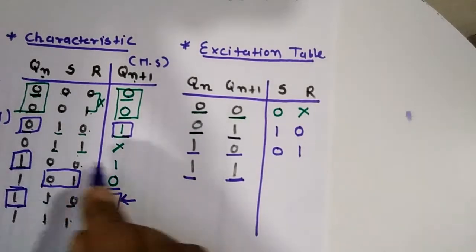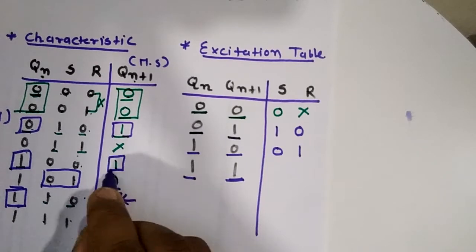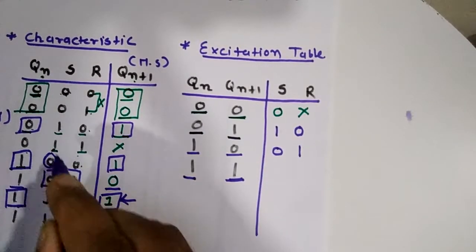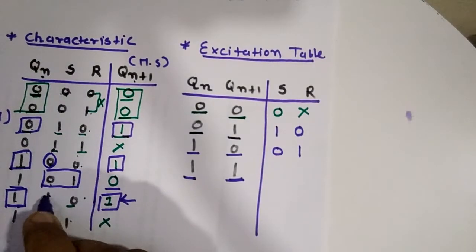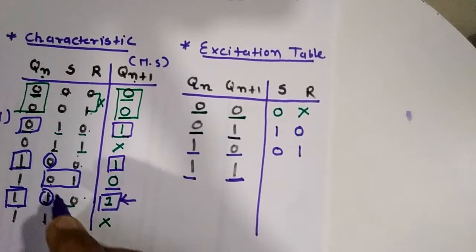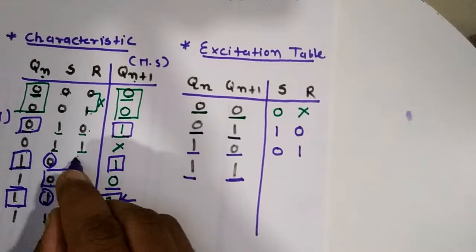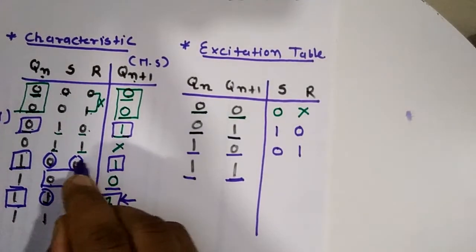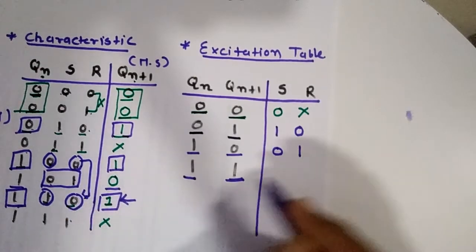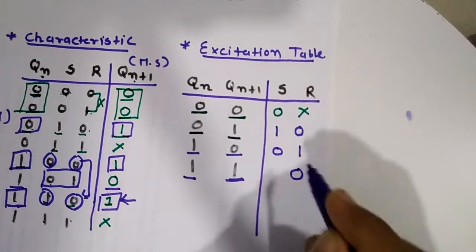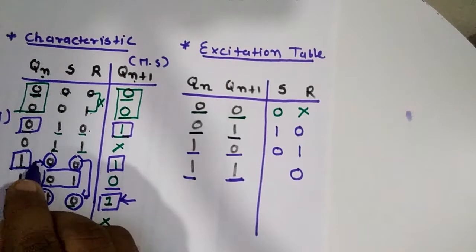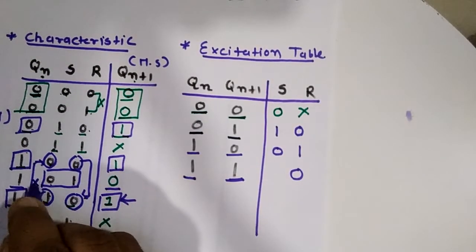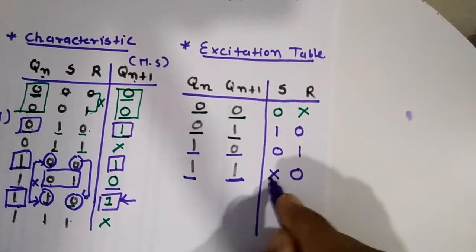If Q of N is equal to 1 and Q of N plus 1 is equal to 1, here S is equal to 0 and in the other condition S is equal to 1. But R is equal to 0 and in the other condition R is also 0. So in both cases R is equal to 0. But in this condition S is equal to 0 and 1, so we put the don't care.